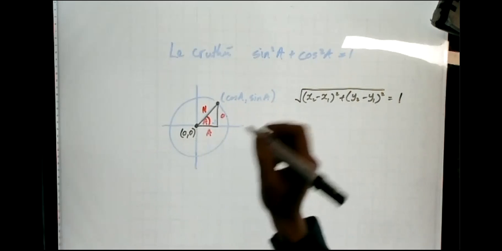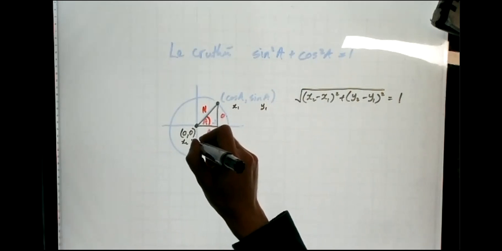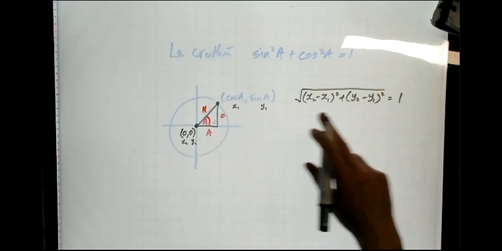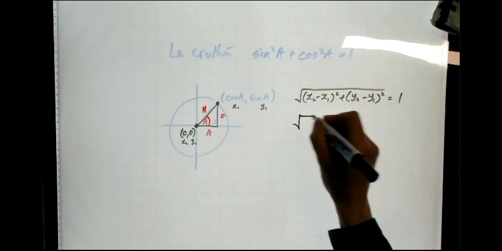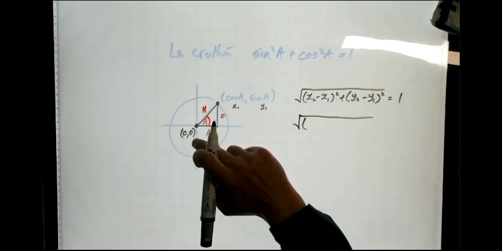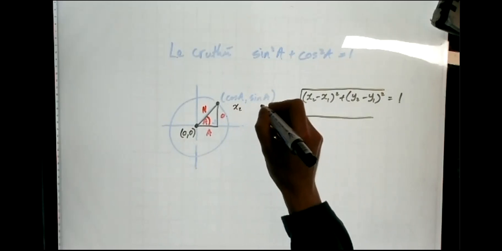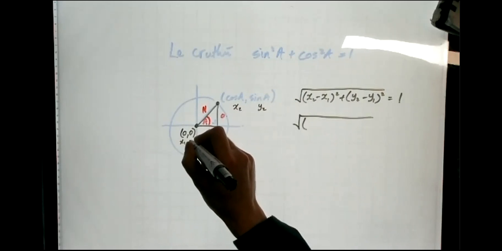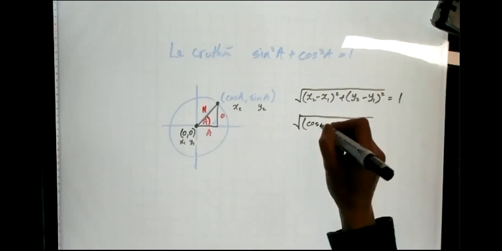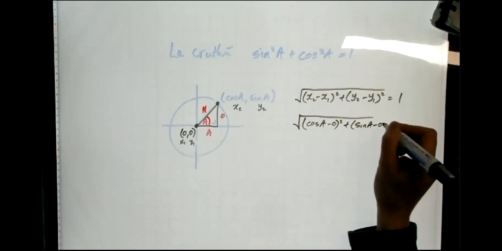Now within your x1, y1, x2, y2 in coordinate geometry. So x1, y1, x2, y2. So x1 is 0. Actually, we change what's the new balance. x2, y2, x1, y1. So we have cos A minus 0 all squared plus sine A minus 0 all squared.